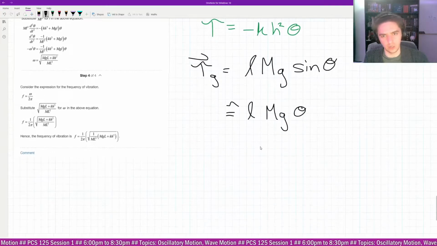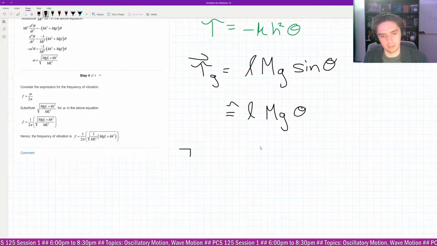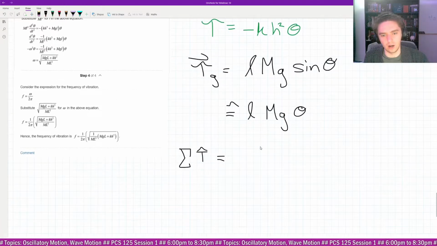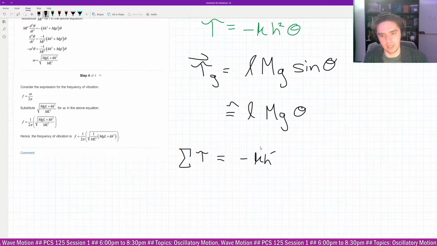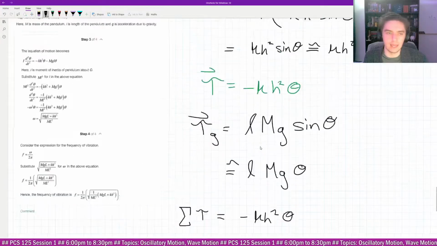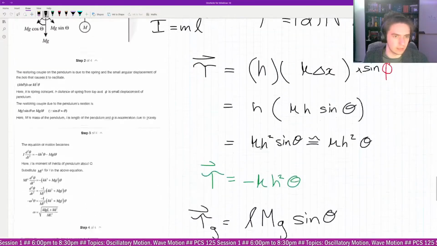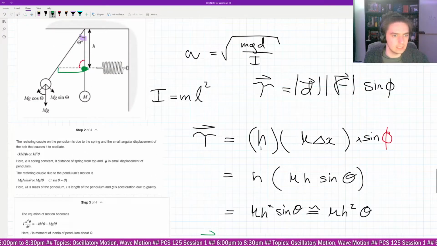So the sum of the torques are negative kh squared theta, and then we need the sign on this one to be correct. Let me think for a second.